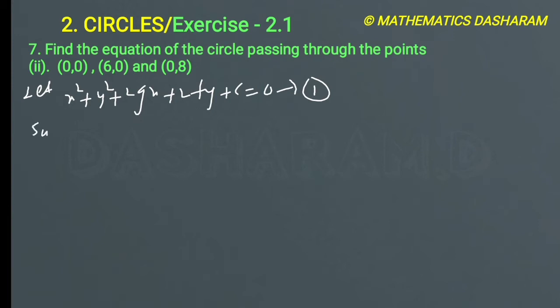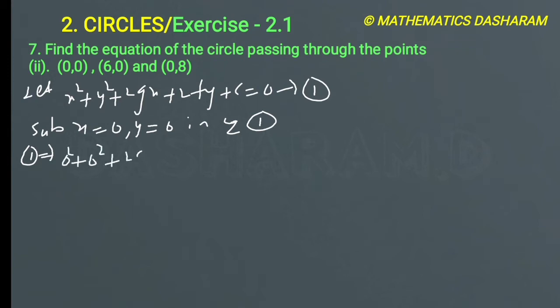First I am substituting the given points. What is the first point? (0, 0). So x = 0, y = 0 in equation 1: 0² + 0² + 2g·0 + 2f·0 + c = 0. Then overall the c answer is 0.